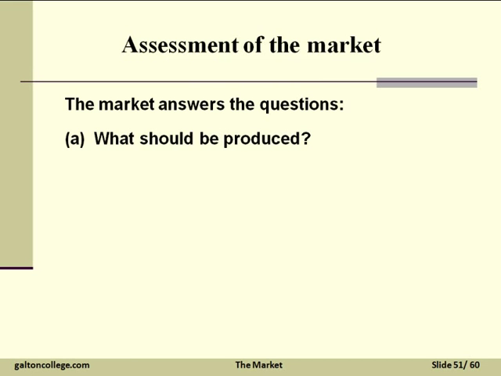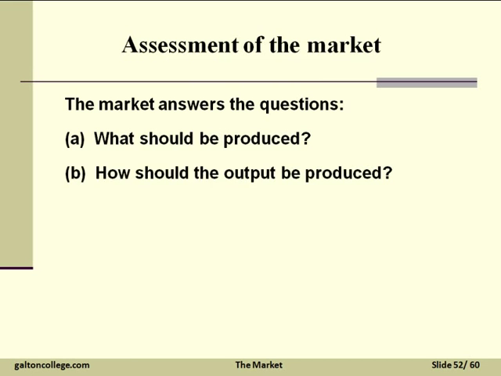And the market solves that automatically. How should it be produced? What technology should be used? Well, the most efficient, the most cost-saving. And again, the market will put pressure on the producers to ensure that costs are kept at a minimum. So it's argued that the market will lead to efficiency.